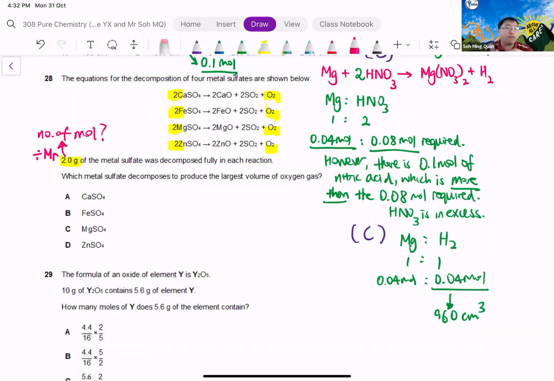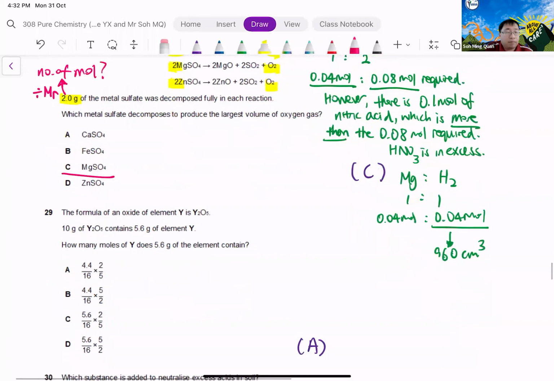But if the MR is very big, then 2 grams is actually very little moles. So obviously, whichever has the smallest MR will give me the biggest number of moles. Smallest MR, magnesium. That's the answer. This is how you do question 28 quickly.